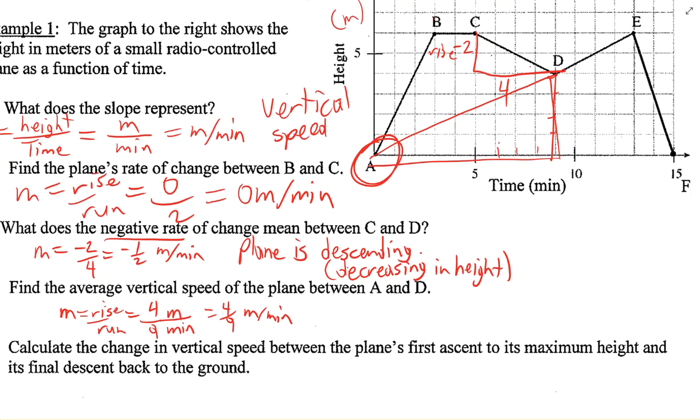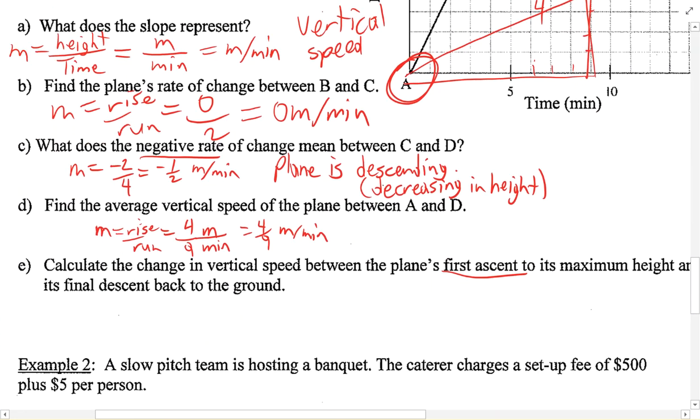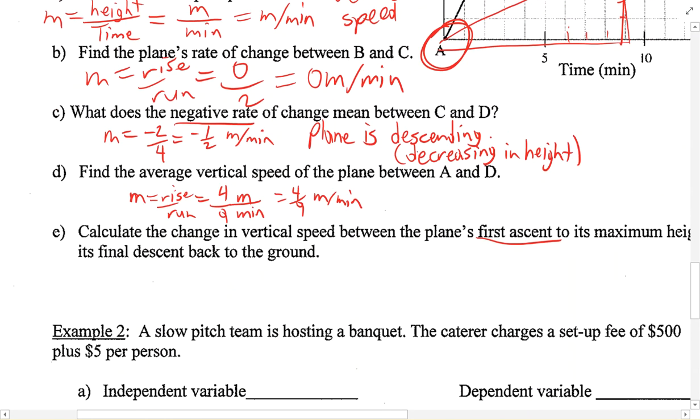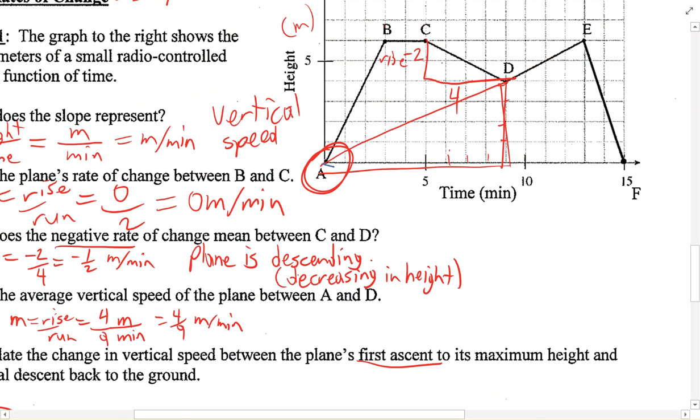All right. Calculate the vertical speed between the plane's first ascent to its maximum height and then its final descent. So the first ascent is going to be between A and B. Okay, so the slope between A and B is what? What's our rise between A and B? 1, 2, 3, 4, 5, 6.